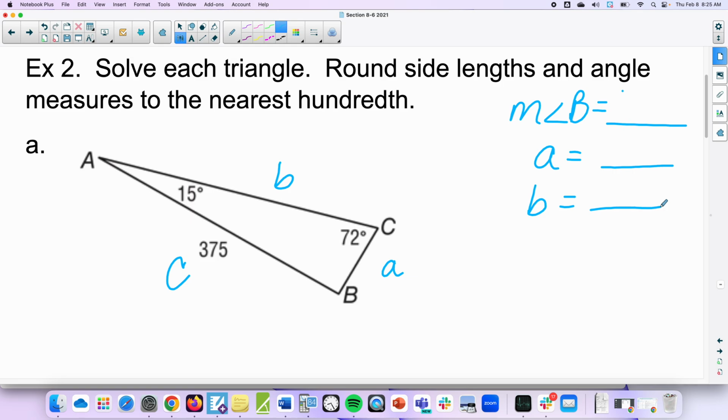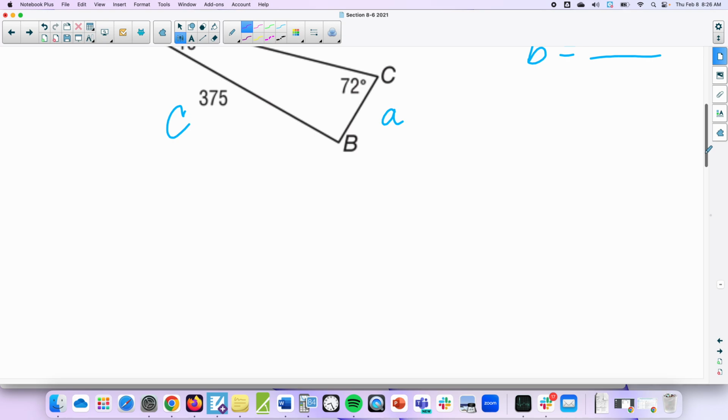Now, for you to use law of sines, you need one angle and its opposite side. You need to know both of those. If you look here, I don't know little a, I don't know little b, but I do know angle C and side c. So when I do law of sines, I'm going to want to do sine of C over little c.